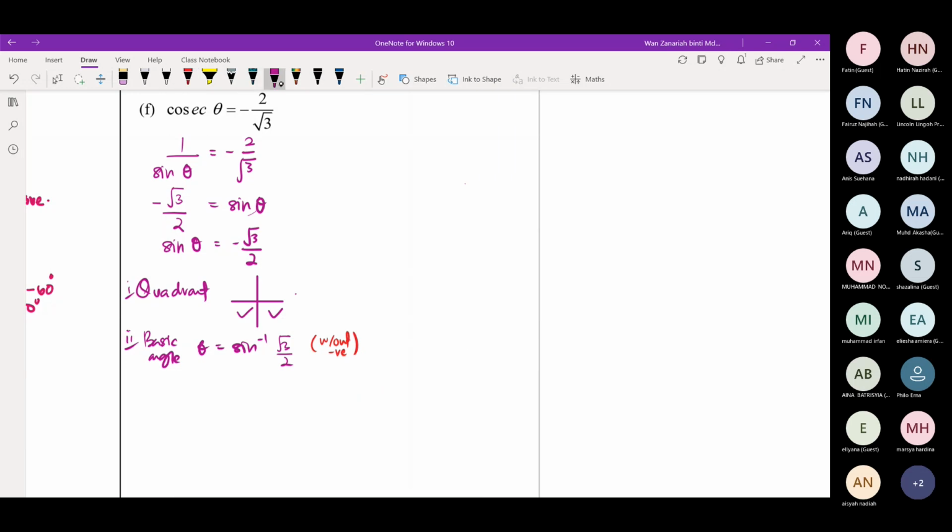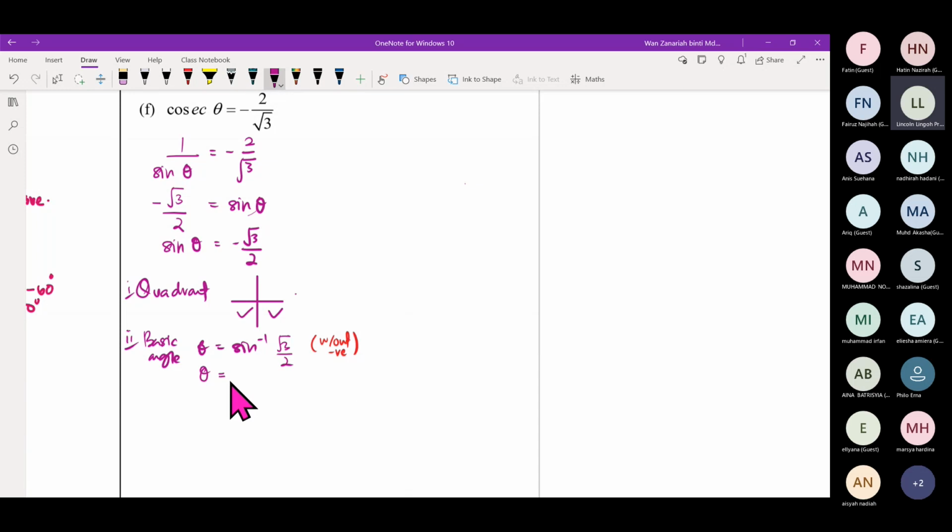Okay, press your calculator. What do you get? Theta equals? Press the calculator, shift sine of root 3 over 2. What do you get? 60.